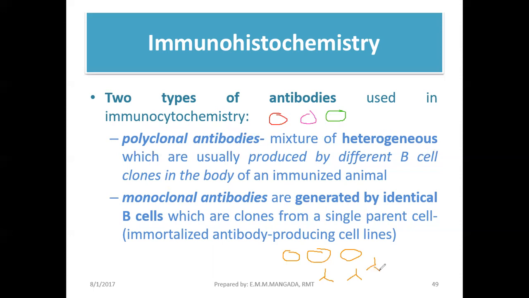Guys, the color, I'm just using this to demonstrate to you, okay, in simple way, kung ano yung ibig sabihin ng monoclonal antibodies produced in identical B cells and polyclonal antibodies produced in different B cells. So, for these naman B cells here, example, this red B cell will produce red antibodies, right? And then this pink B cell will produce pink antibodies. And this green B cell will produce green antibodies, okay?